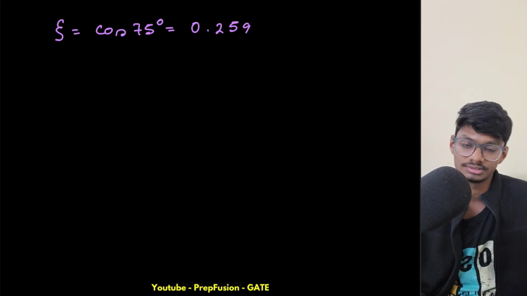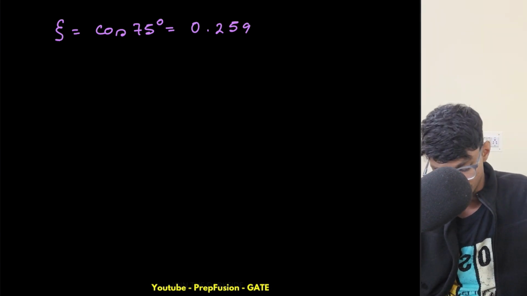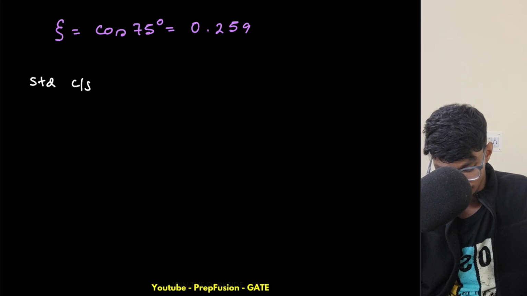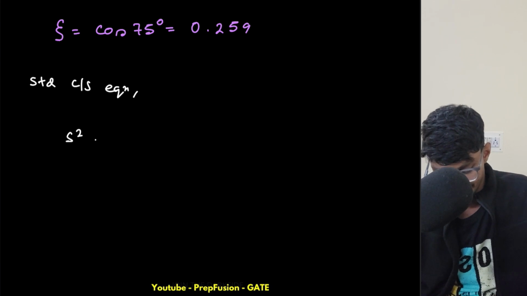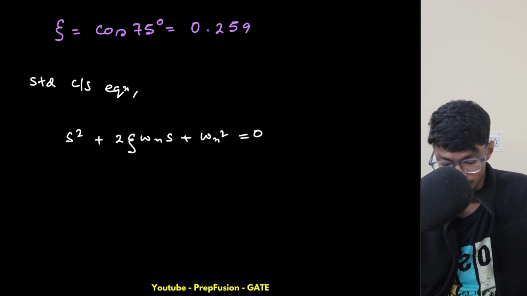Now let's write our standard characteristic equation. What is our standard characteristic equation? It is s square plus 2 zeta omega n s plus omega n square equals 0.